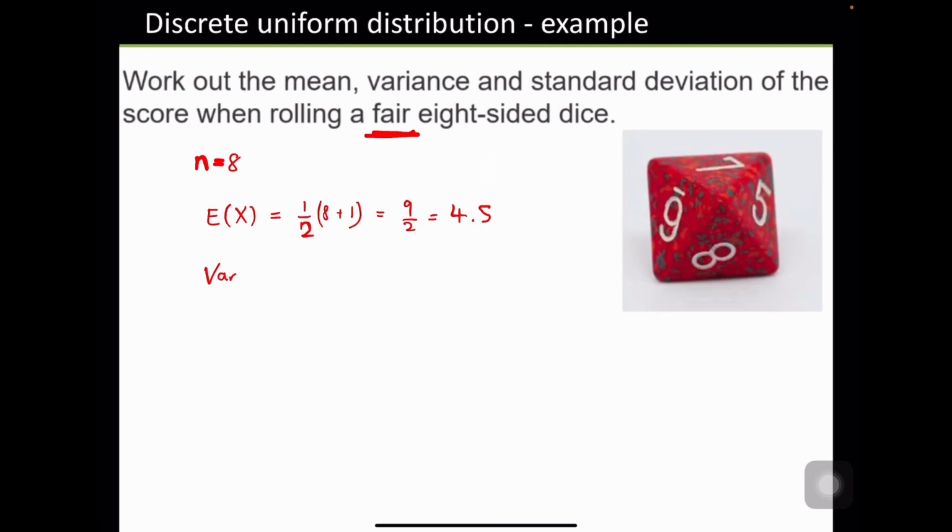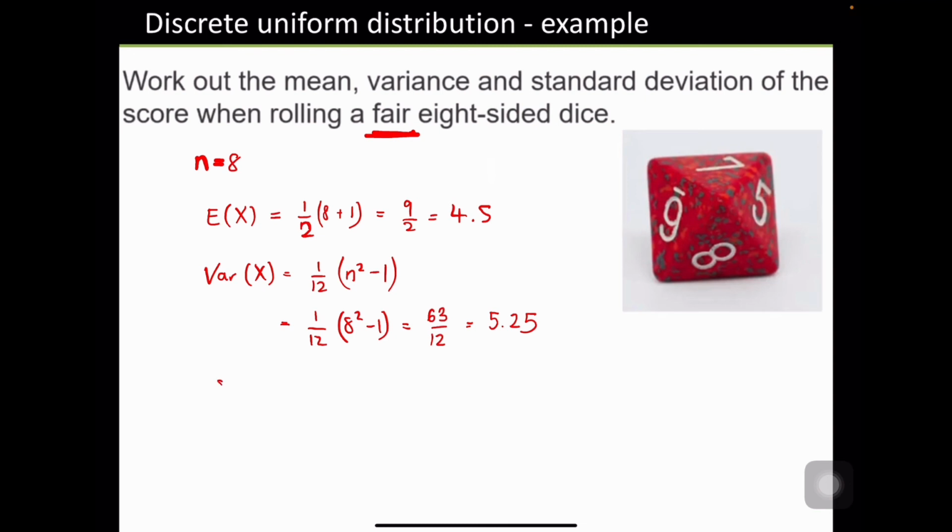Variance will be 1/12, n squared take away 1, so 8 squared take away 1. So that is 63/12, which is 5.25.